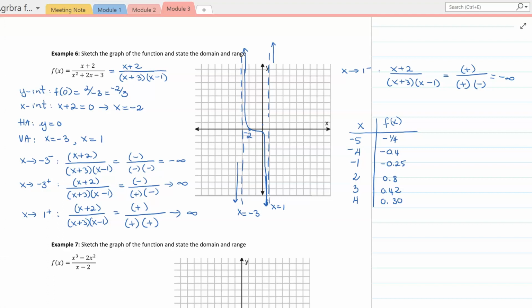Okay. Negative 5 to negative 4 tells us this graph is going to look like this branch over here. And on the other branch, 2 we get 0.8, so close to 1. 3 we get smaller. 4 we get even smaller. And we know that as it approaches x equals 1 from the right, it goes to infinity. So here is the graph of f of x.